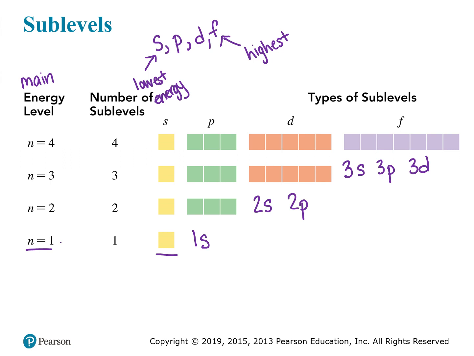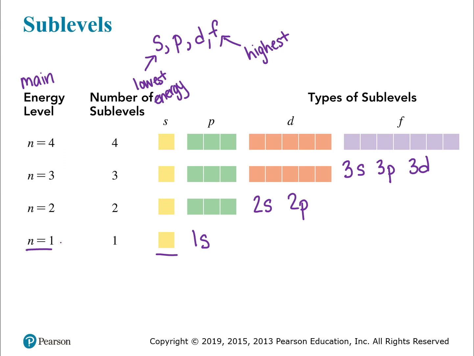So if you think about a mall, like a real indoor mall with multiple floors, you don't just walk in and it's just mall. There's different stores, there's kiosks, there's a food court. It's sectioned off, right? It's the same way with energy levels.